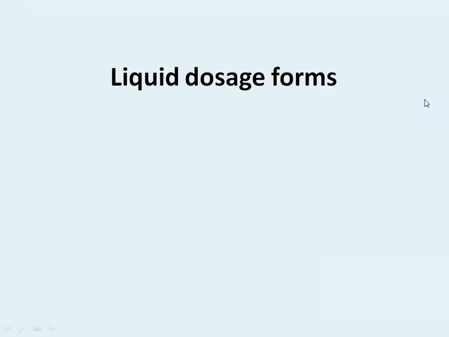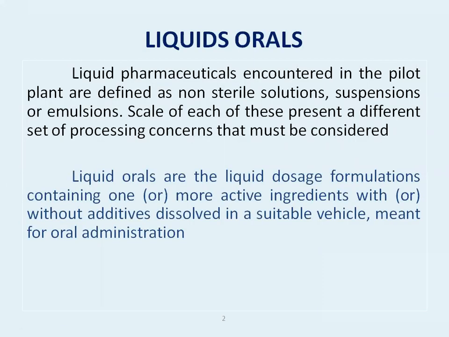One is liquid and one may be solid, or there may be two immiscible liquids. If in this biphasic liquid dosage form two immiscible liquids are there, it is called an emulsion. And if there is solid and liquid, it is called a suspension. So all these dosage forms we will study in today's discussion.